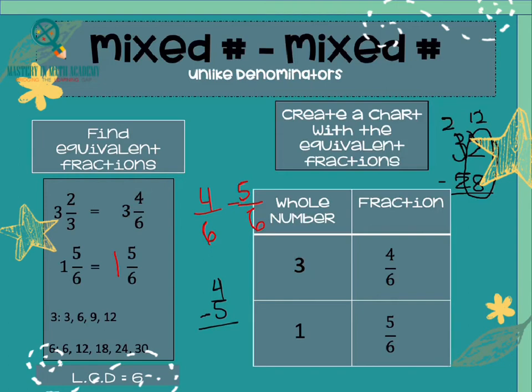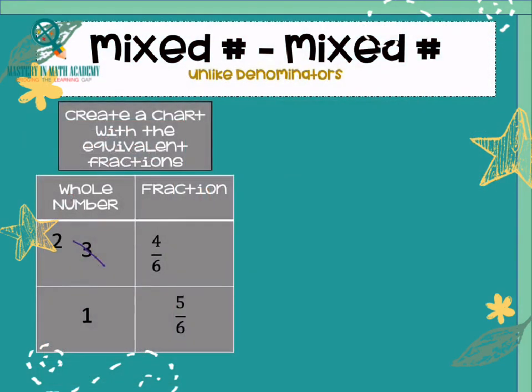We can borrow a 1 from the 3, and the 1 that we borrow, guess what? Now we have to change it into a fraction. Take away the 1 from the 3, you're left with 2, and you rewrite your whole as a fraction. Your denominator tells you how to write that. Since your denominator is 6, you're going to write your fraction as 6/6.